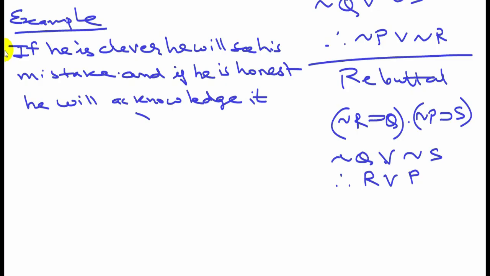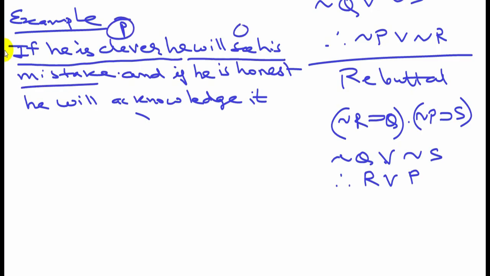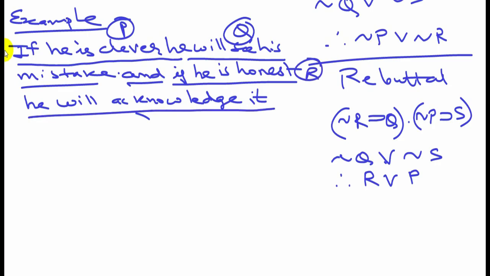Now, how do you rebut this? This is our actual example. So first we have to mark all of them. What is P, Q, R, S? So if he is clever is our P. He will see his mistake is the Q. And if he is honest, this is R. He will acknowledge it, that is, he will acknowledge the mistake. So this is S. Now, we know if you have to do the rebuttal, we have to say not R implies Q, not P implies S.